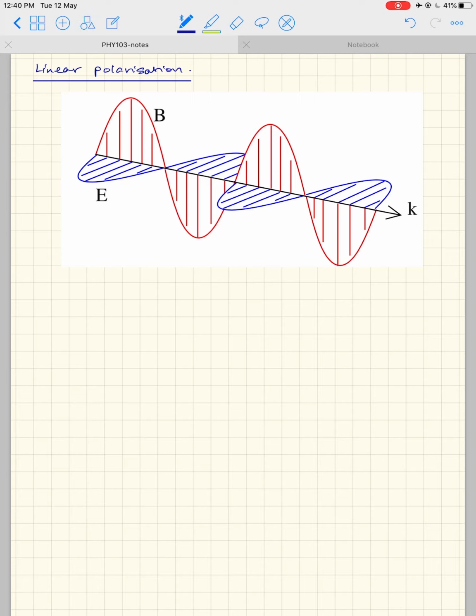So we say that a plane wave is linearly polarized when there is no phase difference between Ex and Ey.